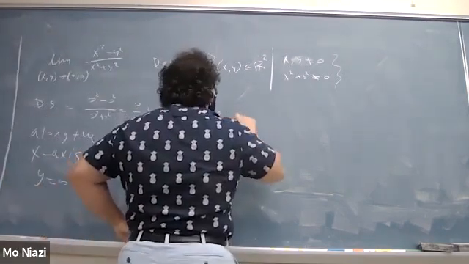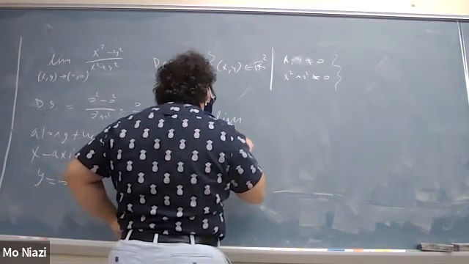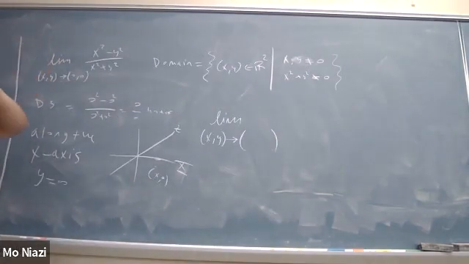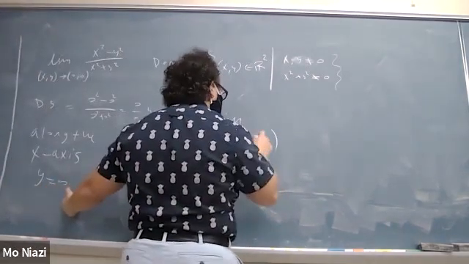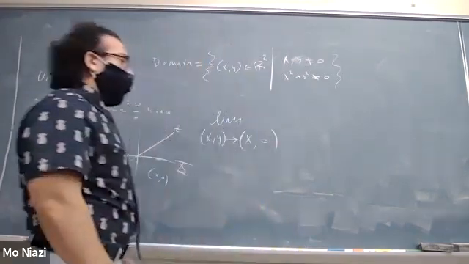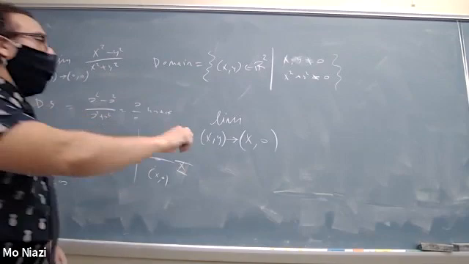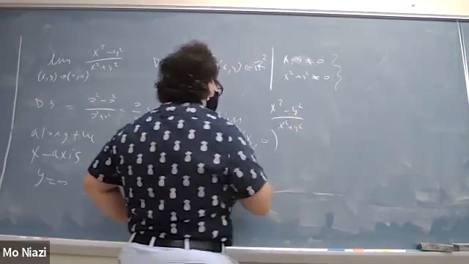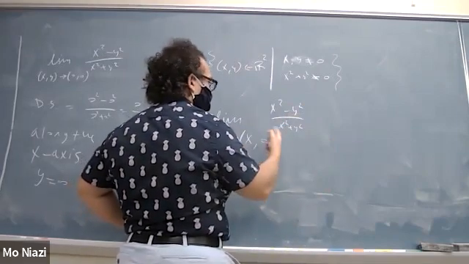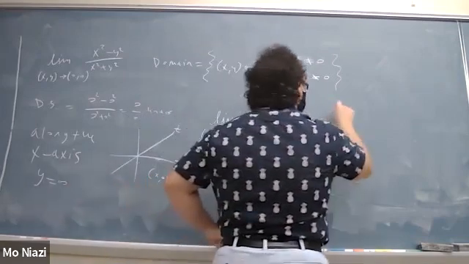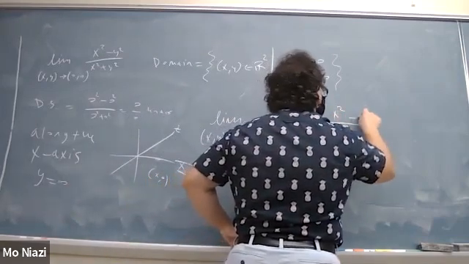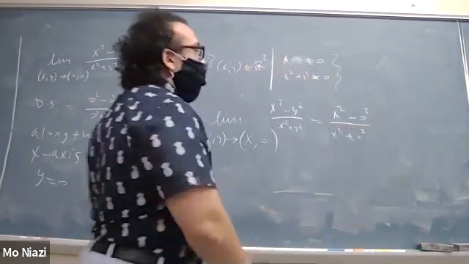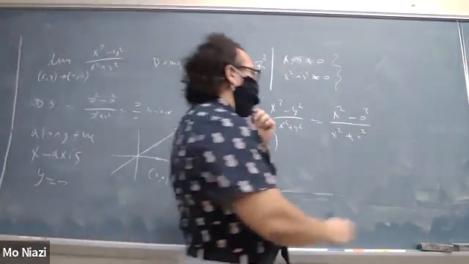So let's take the limit as x, y approaches our point of interest 0, 0, but along the x-axis, meaning y is 0 and x is arbitrary, of x squared minus y squared over x squared plus y squared. Notice that now I substitute in 0 for y and x for x.